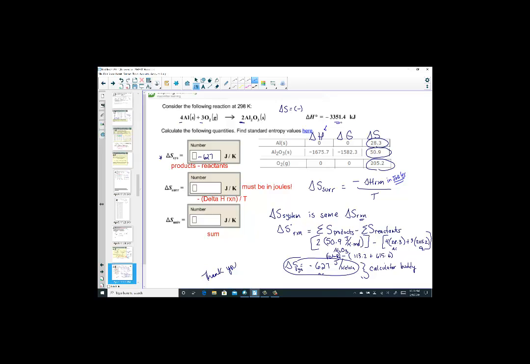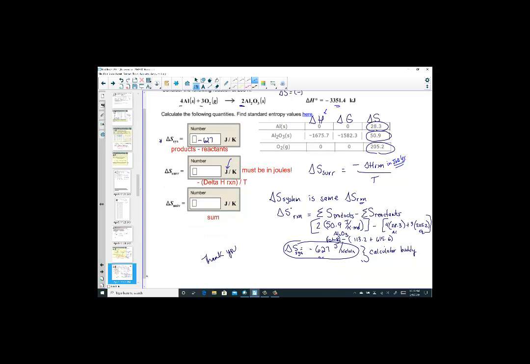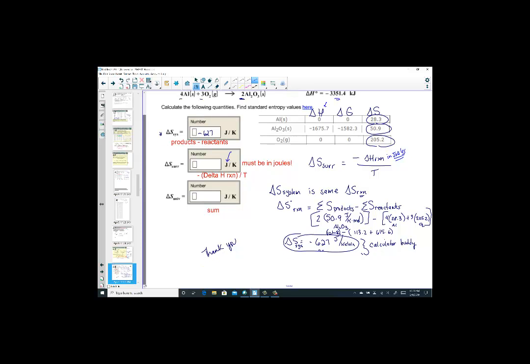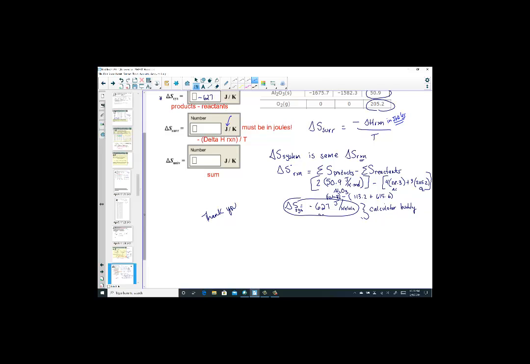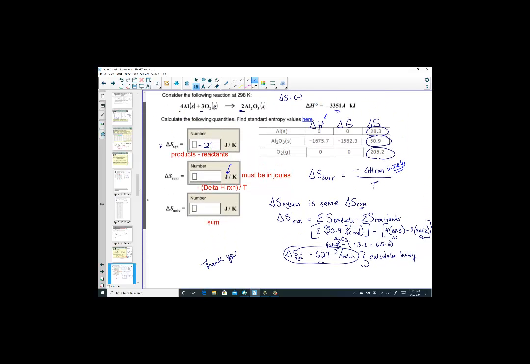And so just make sure that we want our answer to come out in joules. Put in the delta H in joules as well. Let me bring our work down here for part B. The delta H was given to us right here, negative 3351.4 kilojoules. That was the given value for delta H of the reaction.